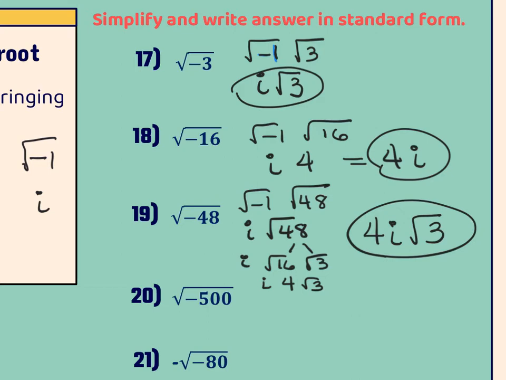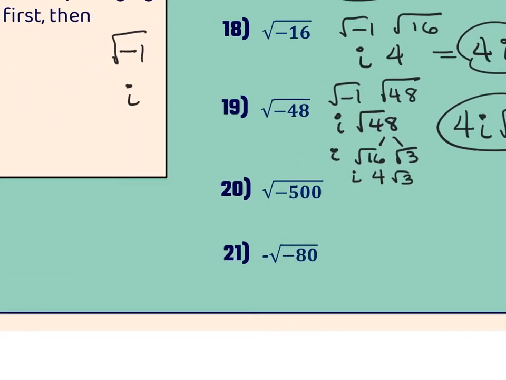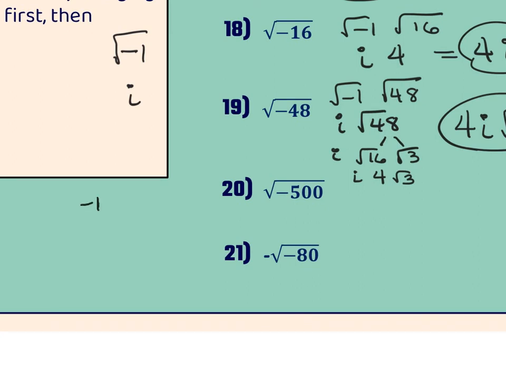Let's try the 500. So again, I'm going to break it into negative 1 times 500. I can break this down into an i. I could also break up the 500 into 2 and 250, but I'm actually going to do 100 times 5, because that's the fastest way, since I know 100 is a perfect square.